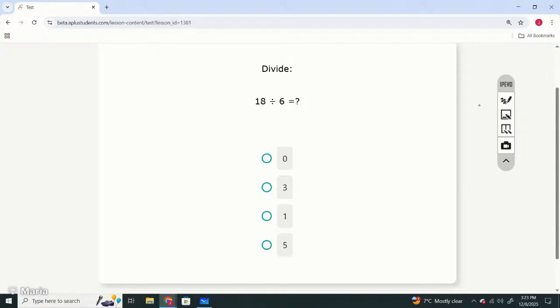Okay, now the next one is 18 divided by 6. So which is the correct option?